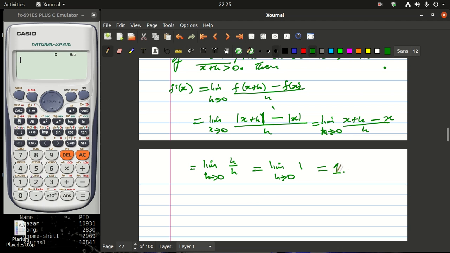This function is actually differentiable everywhere. I mean, this one is actually defined everywhere. So if x is greater than 0, then f is differentiable everywhere. Right. So we know that at least we get something here that is differentiable.